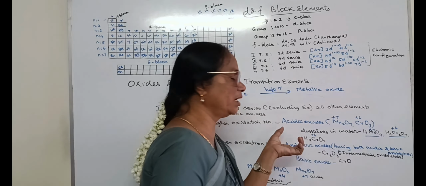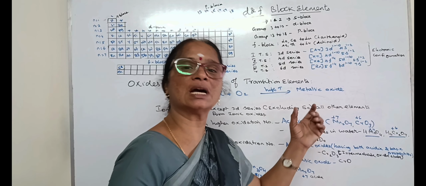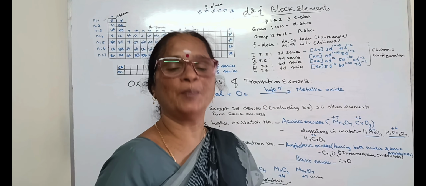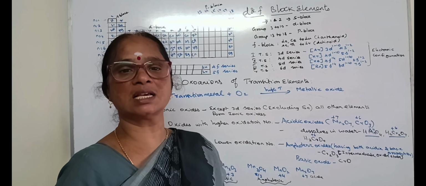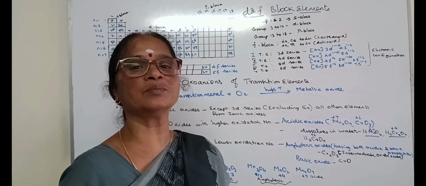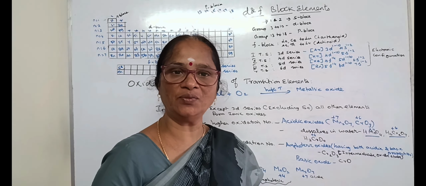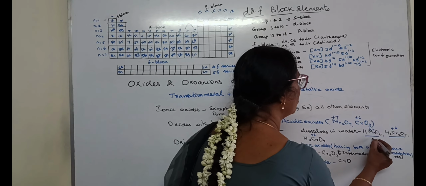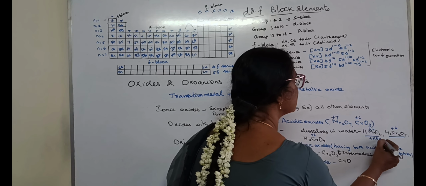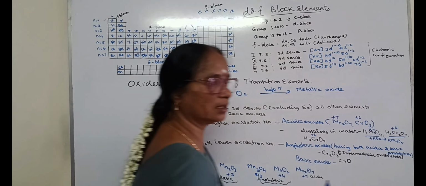What about amphoteric oxides? These possess both acidic and basic behavior, since they react with both acids and bases to form salts. But acidic oxides form salts only with bases. For example, HMnO4 can react with potassium hydroxide to form potassium permanganate.